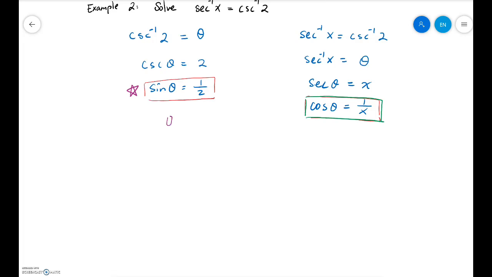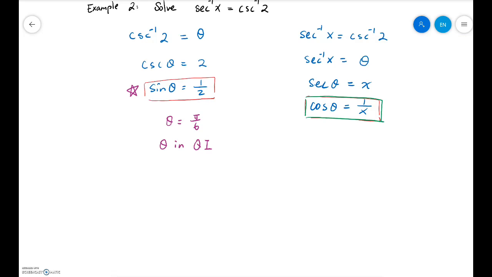Then I know theta equals pi over 6. Considering the domain of the inverse function, theta is going to be in quadrant 1.